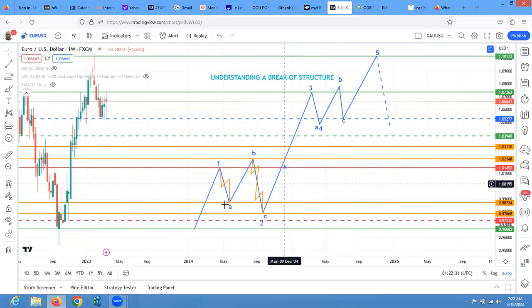So the structure of wave 2 has been broken here at this point. It has broken above, and it's not likely going to be a complex correction because this also is out of the table. X is off. We're not going to have a deeper correction. So it's just A, B, C, and it's not WXY anymore.